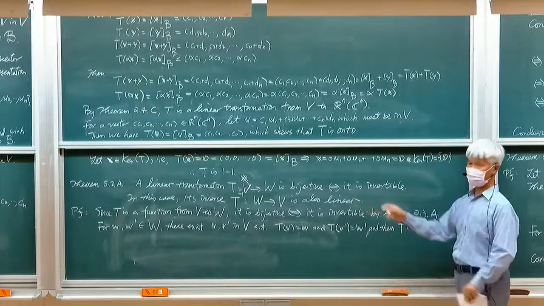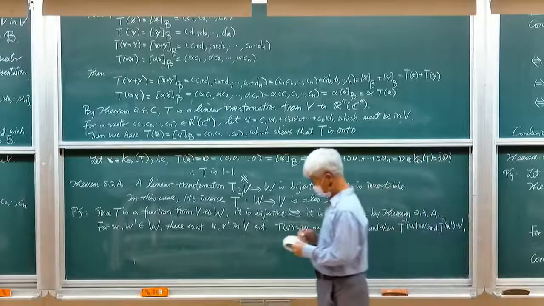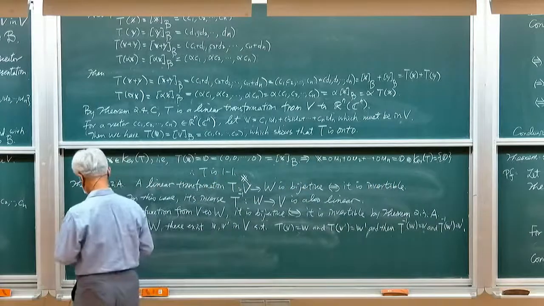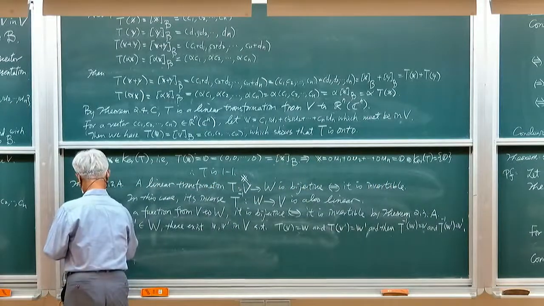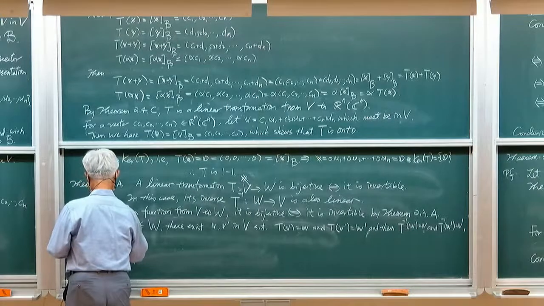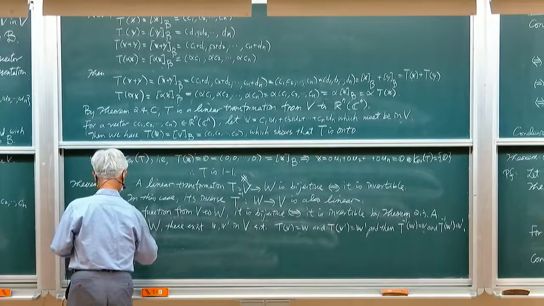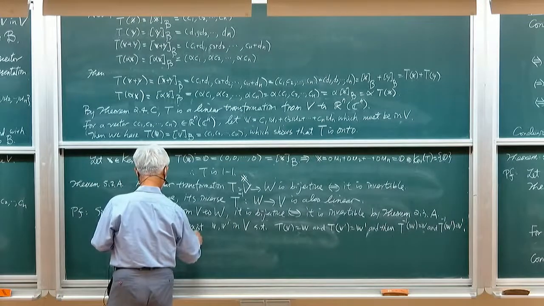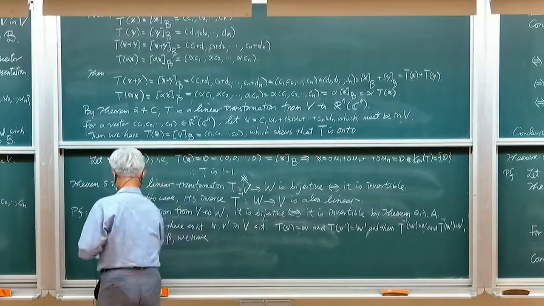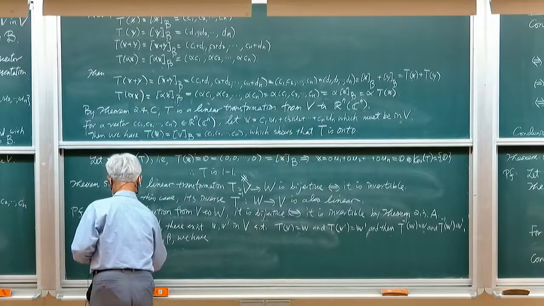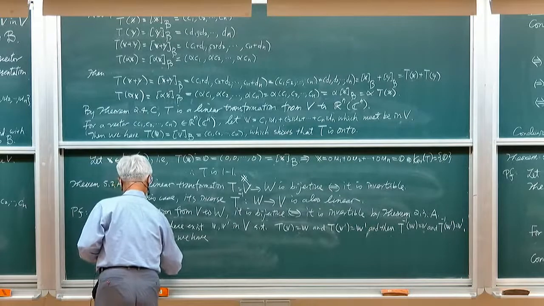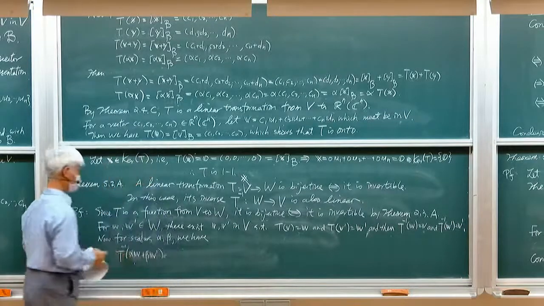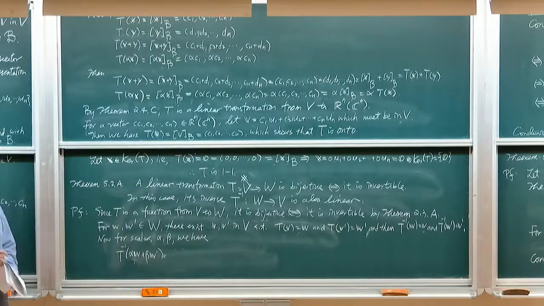So we have all this data. Now for scalars alpha and beta, we have T inverse of alpha w plus beta w prime. We want to show the linearity of T inverse.